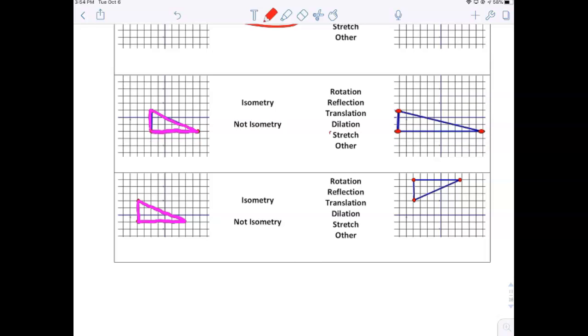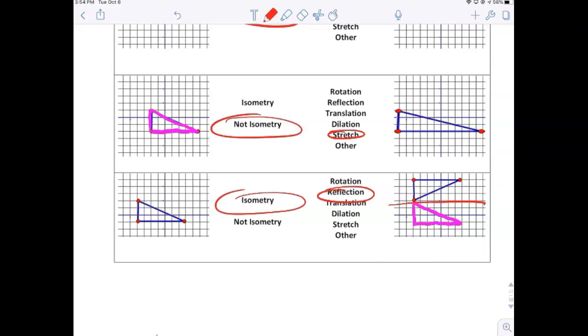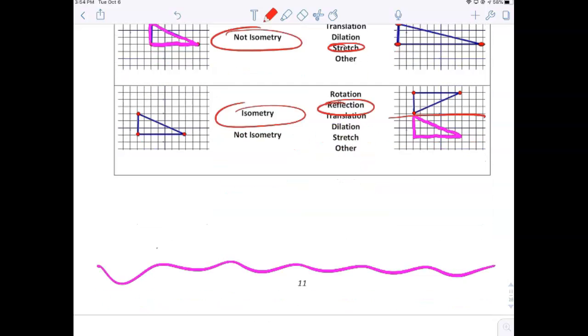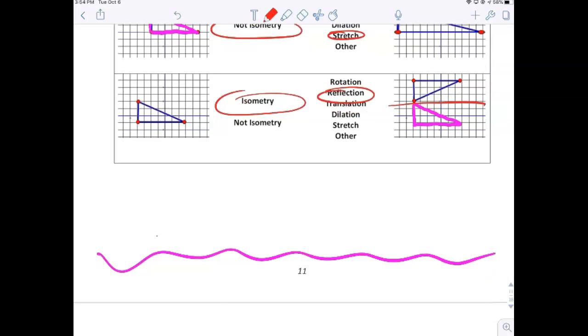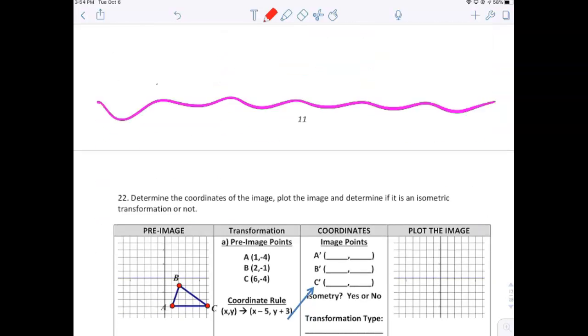So it got distorted. So that's a stretch, which makes it not rigid at all. It was pulled apart. And this one looks like I could get it near each other and probably fold it up there and make a reflection out of it. I didn't change size or shape, so it is a reflection. We're going to stop there and pick it up with page 12 tomorrow.